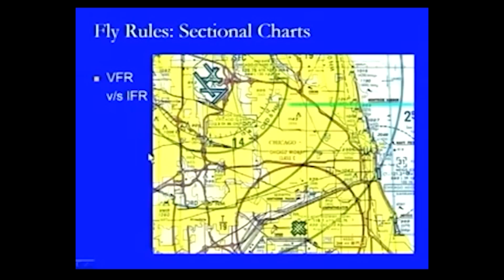Then there is another chart, a sectional chart, which defines this is one airport, this is another airport. Here it tries to define the type of development which can take place, and circles are provided in terms of the distances and the altitudes which can be taken by the pilots. These are provided to the pilots, and they know how to move away and what needs to be done. So these are the different things done in the case of flight rules as far as VFR and IFR conditions are concerned.